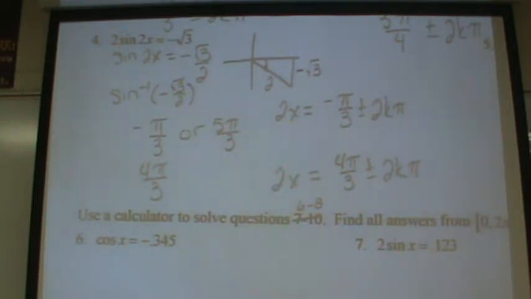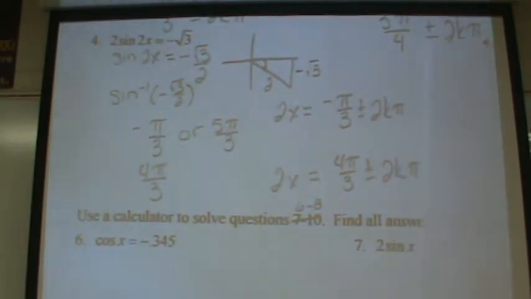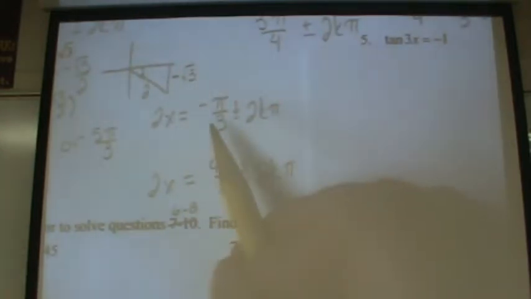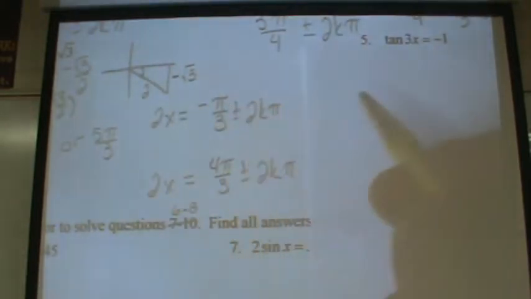Okay, so continuing on with this one. So now we have to solve for x. So we're going to divide by 2 to solve for x. So, for our first part, when we divide by 2, remember you're dividing the entire thing by 2.